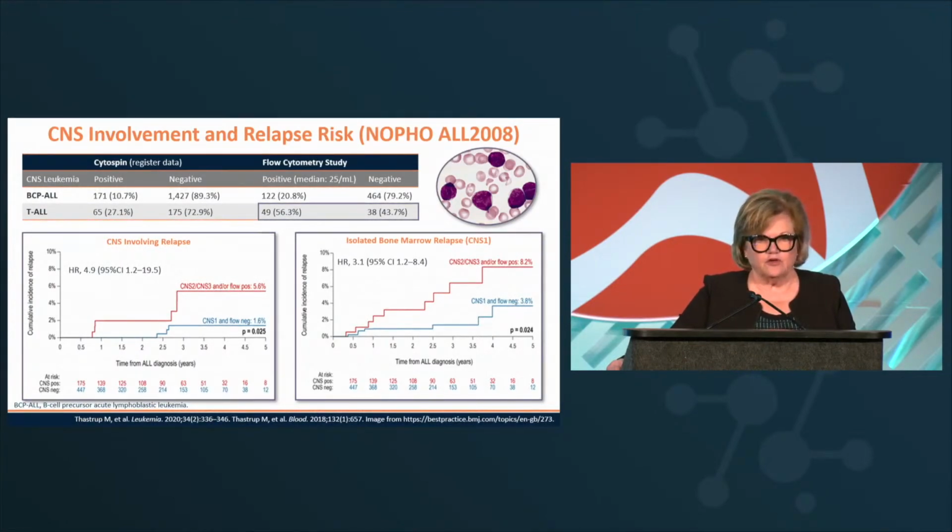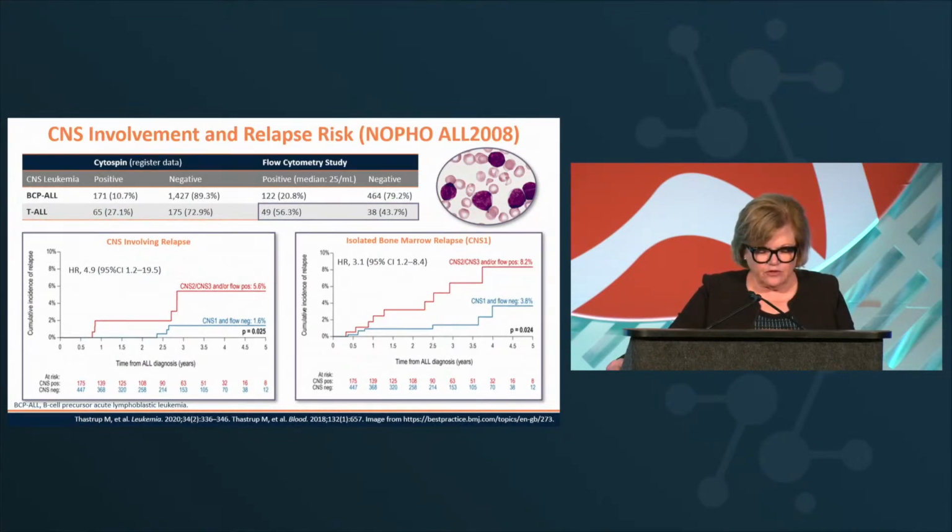fluid with flow cytometry. And you can see here in that column, if you look at a spinal fluid with flow cytometry, you actually find a higher percentage of patients with positive CNS disease.